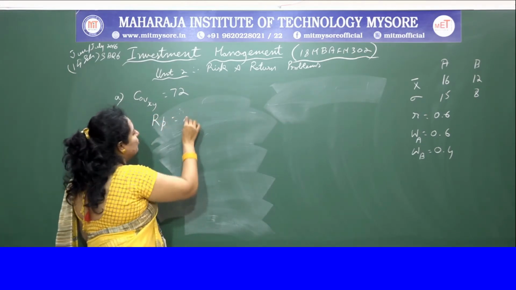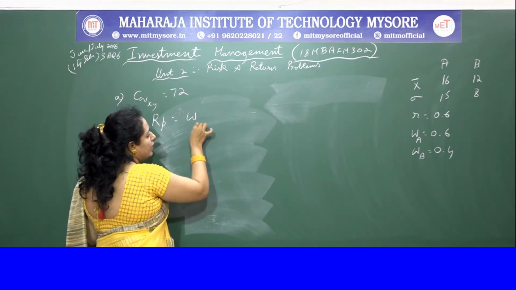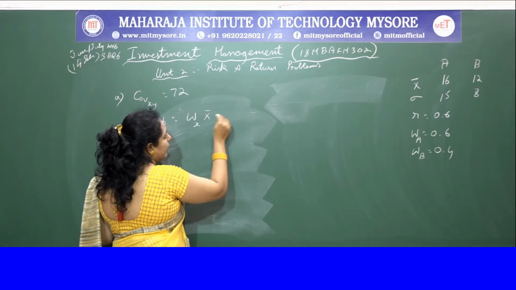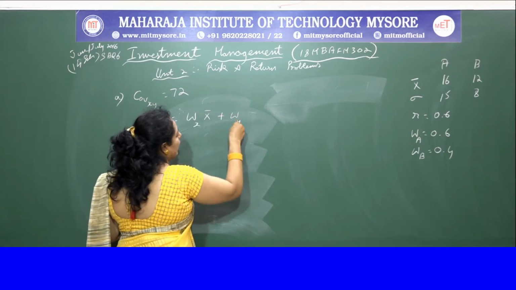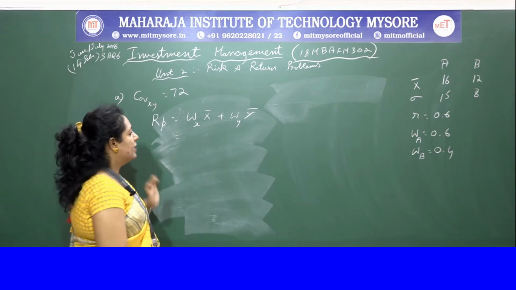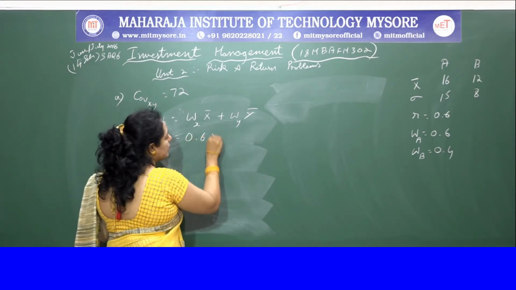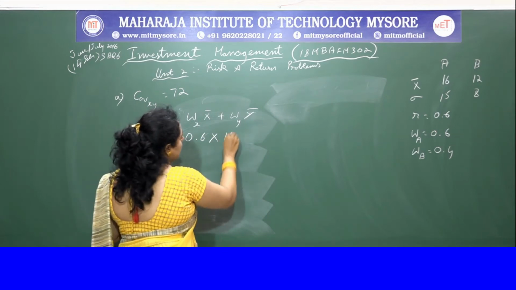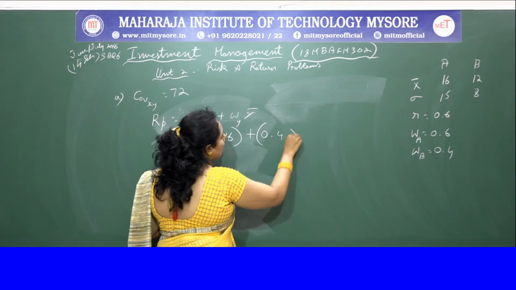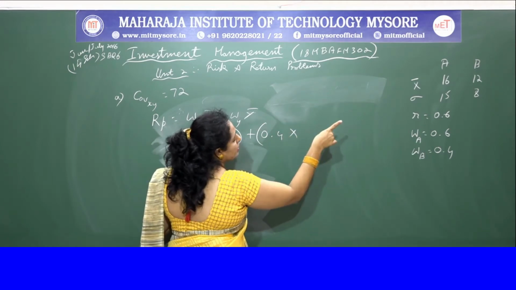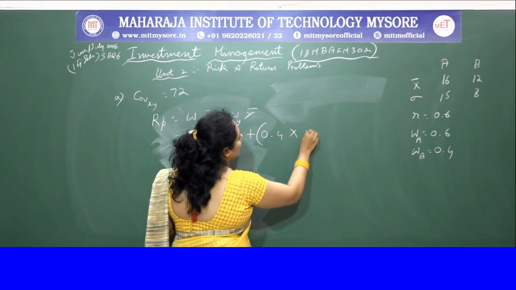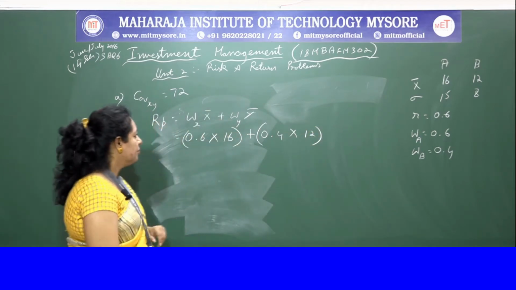Return of the portfolio, we know the formula: weight X into mean X plus weight Y into Y bar. So what are the weights given? 0.6 into X bar, which is 16, plus 0.4 into Y bar, which is 12.